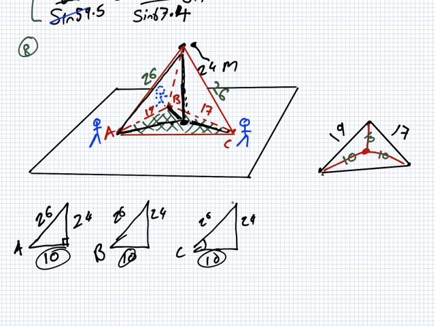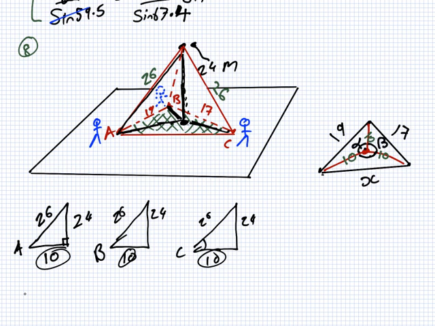Okay, I think we're starting to get enough information. What was I looking for? I want to know this side here. If I knew this angle and this angle, I could know this angle. But I can use the cosine rule. I'll call this angle alpha and this angle beta.